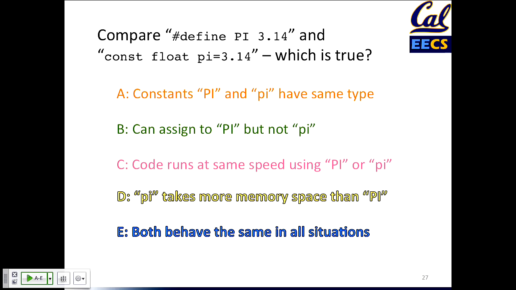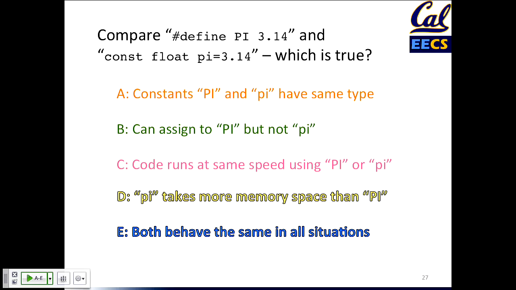If you need to store 3.14 in memory to hold that number, you do it in both cases. The compiler treats them just the same. So they don't take any more memory space. So the correct answer is C. If you use them correctly, it doesn't matter which one you use. The compiler's going to do the same thing and just treat them as constants and generate the same code. So they run at the same speed, whether you do hash define PI or const float pi.